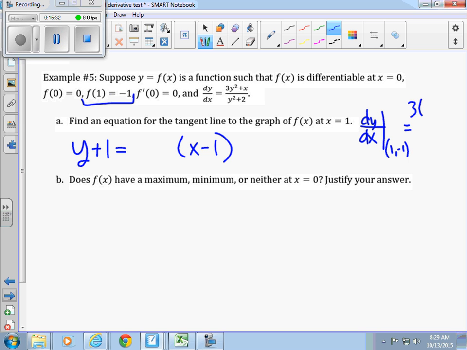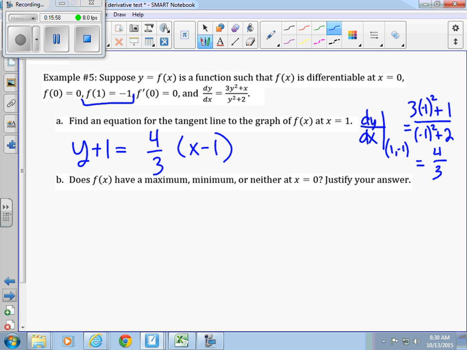So we have 3 times 1 squared plus 1 over -1 squared plus 2, which is 4 over 3. Any questions about that? So that's kind of an old hat problem.